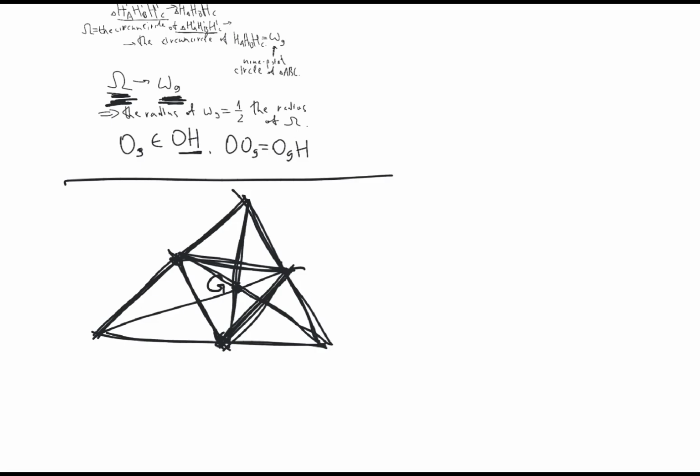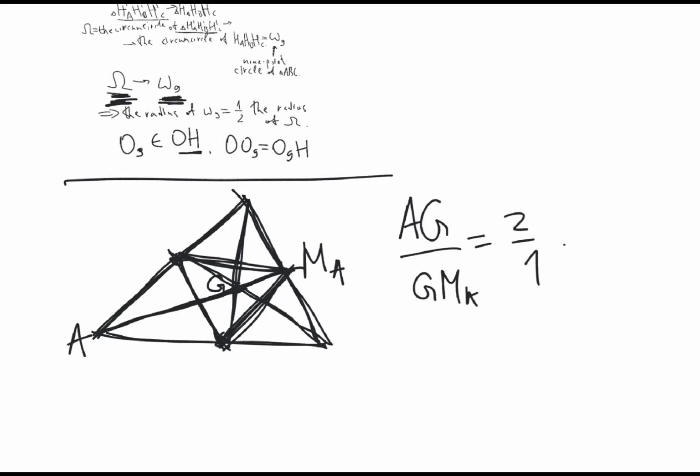So then the ratio in which the centroid divides the medians, it's well known that it's 2:1. So AG over GMA is 2:1 ratio, and for the other medians as well.